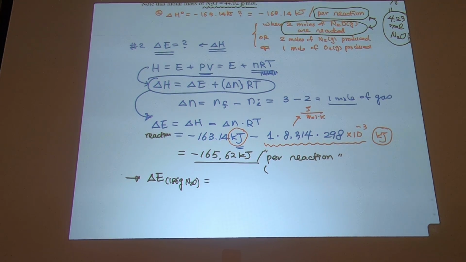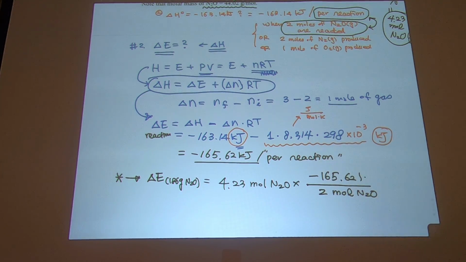So this is the one that we want to answer: 4.23 mole N2O gas, and from what I learned, 2 moles of N2O, the delta E is 165.62 kilojoule.